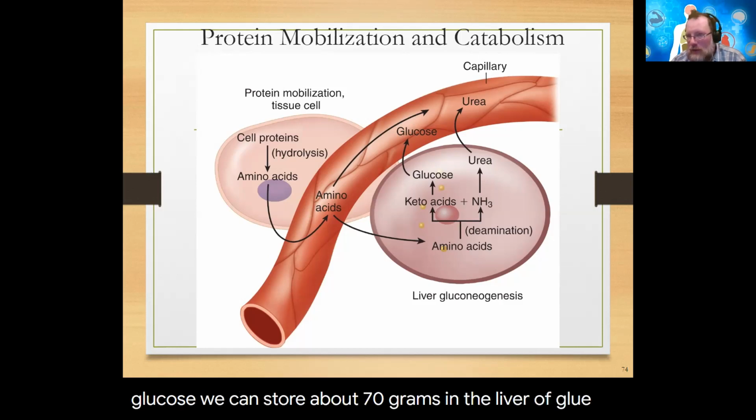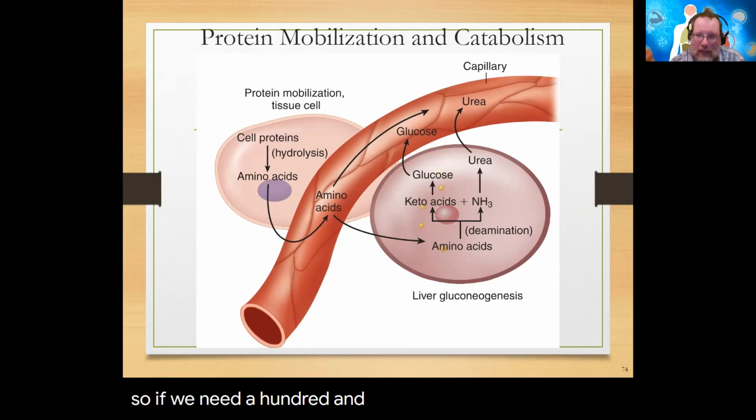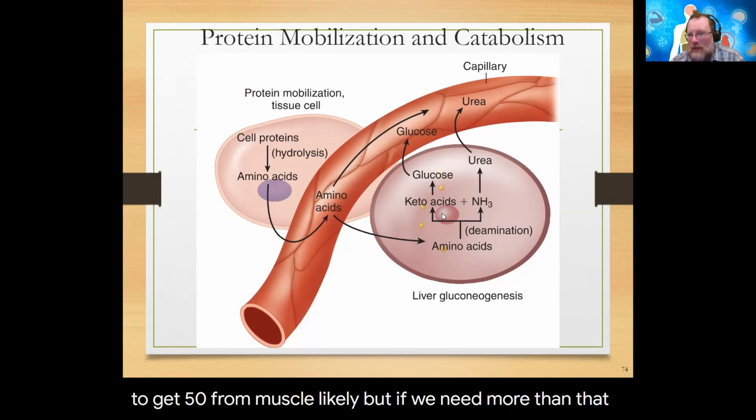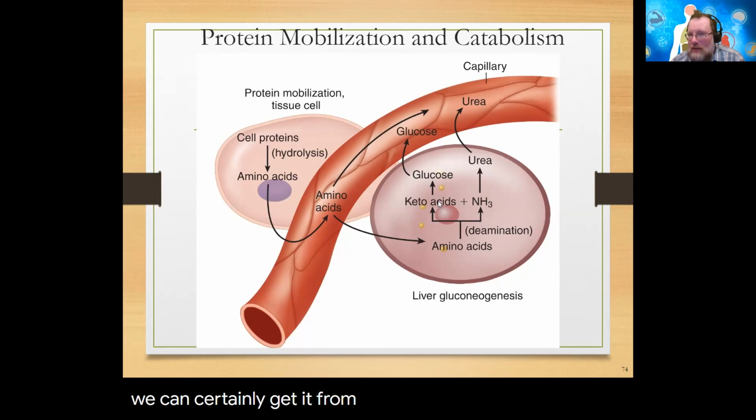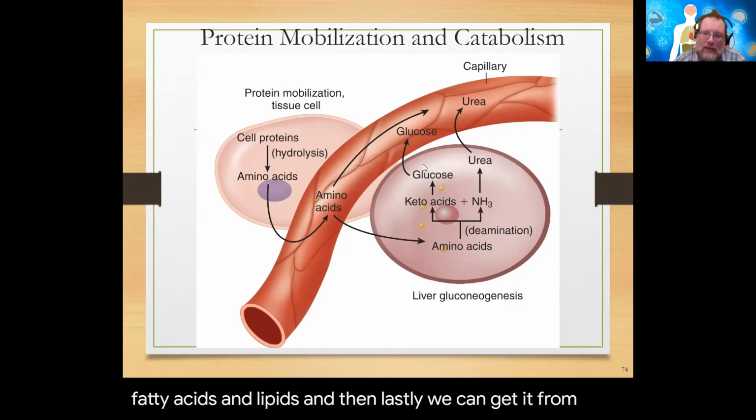So if we need 120 in an hour, we're going to get 50 from muscle, likely. But if we need more than that, we can certainly get it from lipids. We can, through gluconeogenesis from fatty acids and lipids. And then lastly, we can get glucose from keto acids.